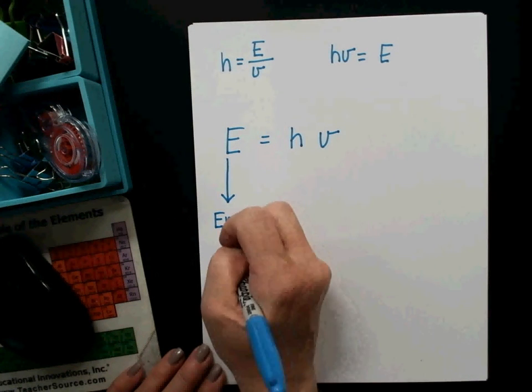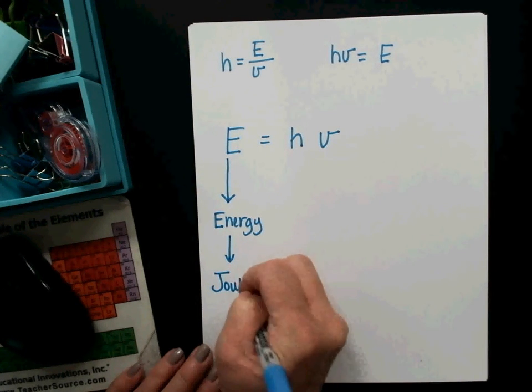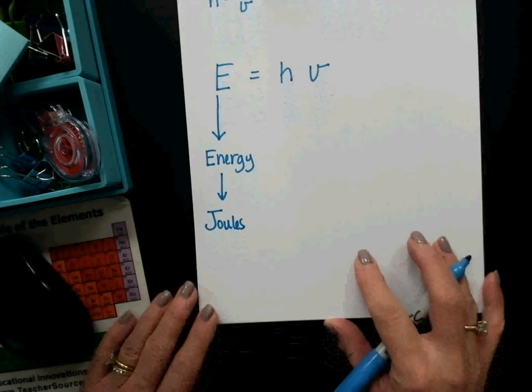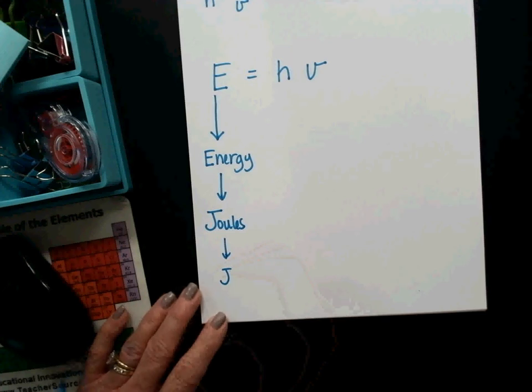So E is energy. Energy is measured in joules. That's from the metric system.